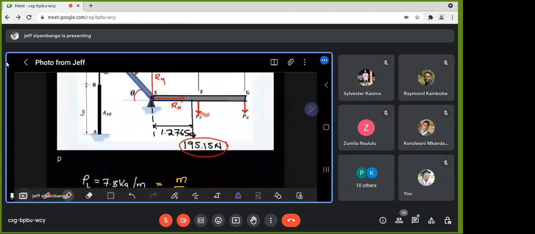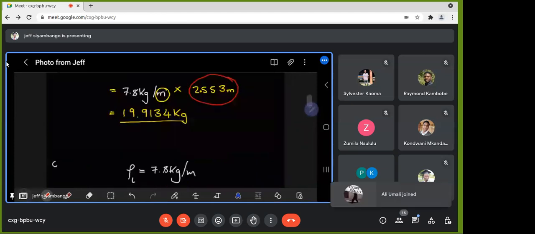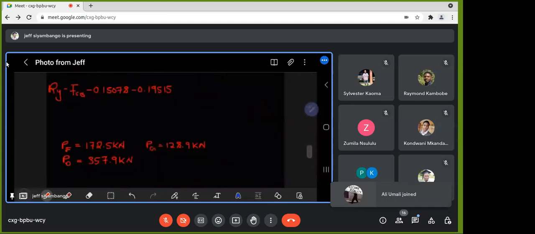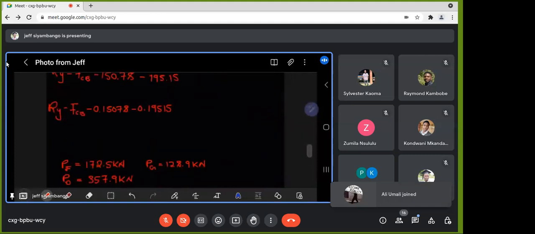PF comes next, it's going down, then PG also goes down. PG goes down 128.9. PF also goes down 179.8. I have taken care of those except just that component of PD.